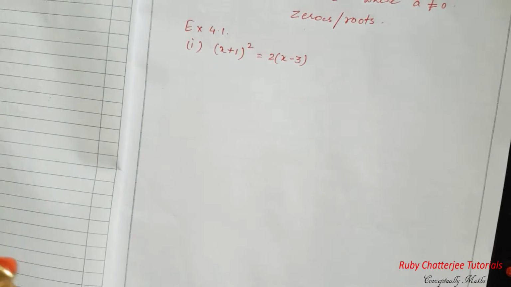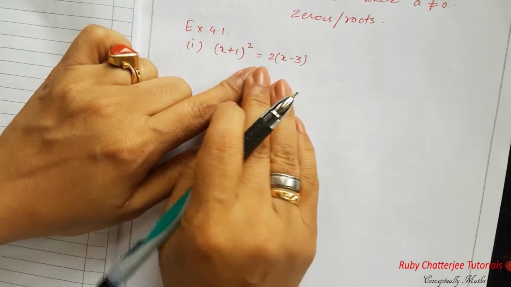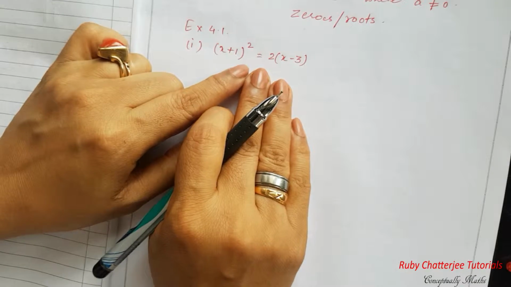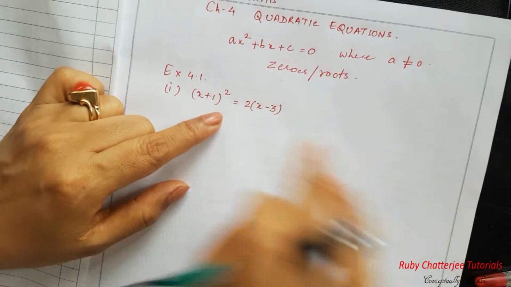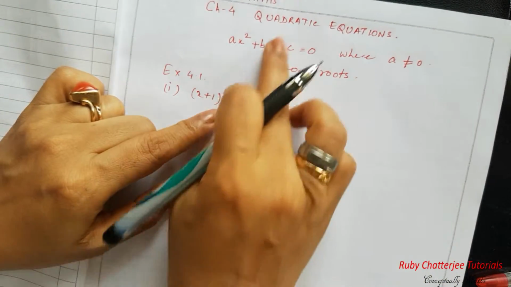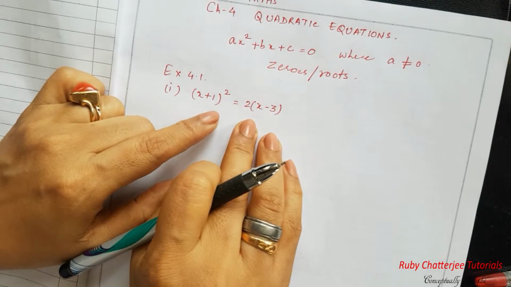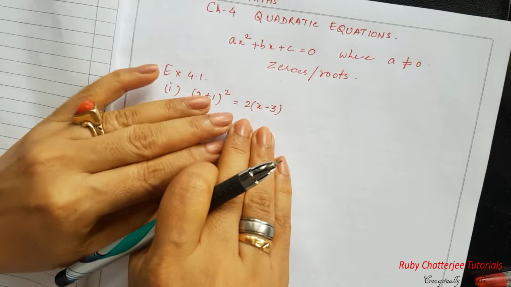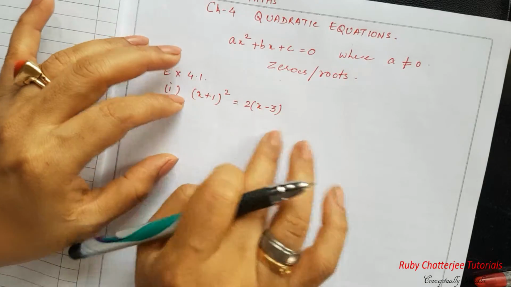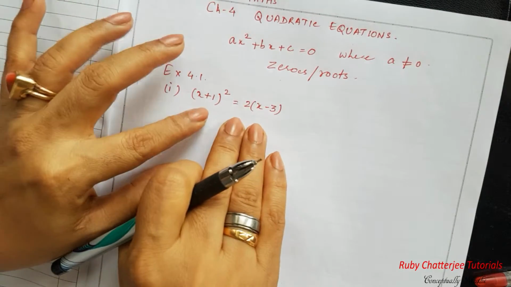Just by looking at this equation, in the first instance, when I try to compare it with this general form, there is no parity. They look so dissimilar to each other, so I do not come to any conclusion at this stage.